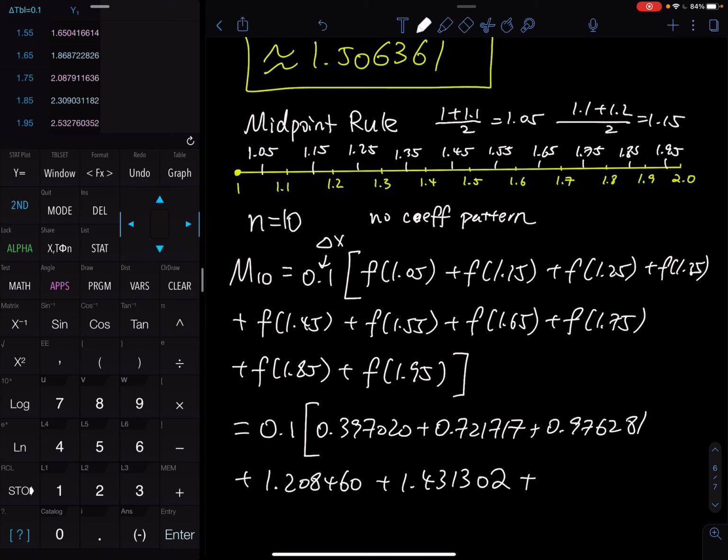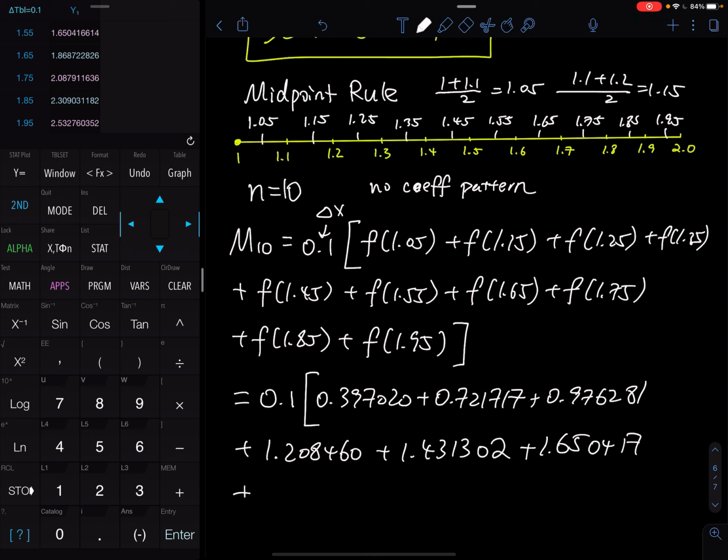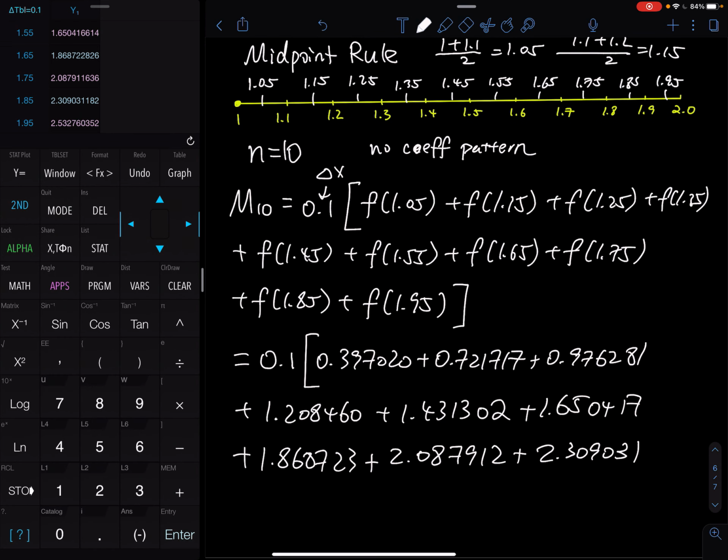So 1.55, that is 1.65, 04, 17, and then 1.868723, and then 2.08, 79, 12, and then 2.30, 90, 31, and then the last one is 2.53, 27, 60.